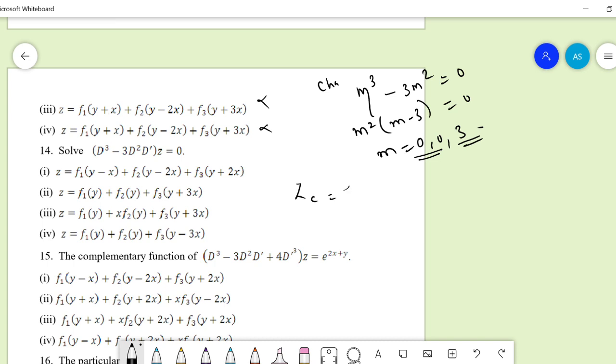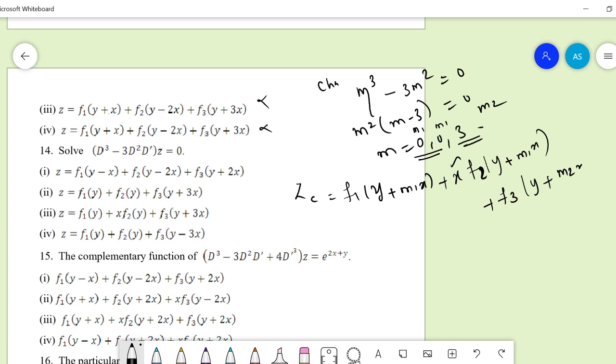Zc is equal to f1 of y plus m1x. Here this is m1, this is m1 again, and this is m2. For the first repetition you have to add x, so x into f2 of y plus m1x. Suppose the third root was also the same root, you would have to multiply by x square. Here the third root is different, so f3 of y plus m2x.